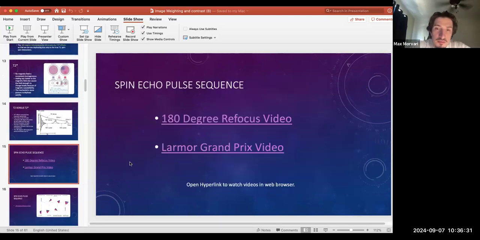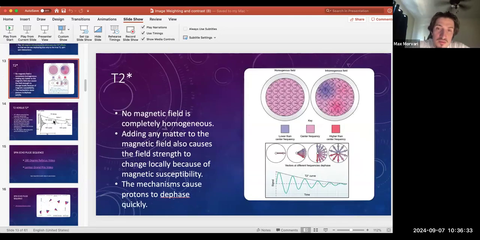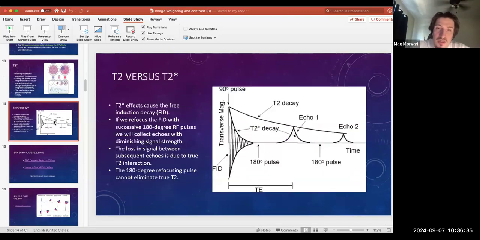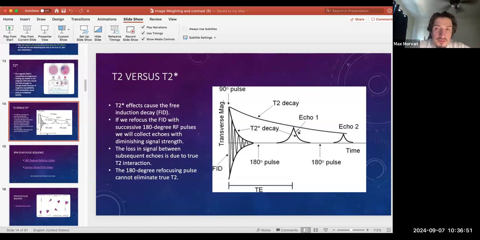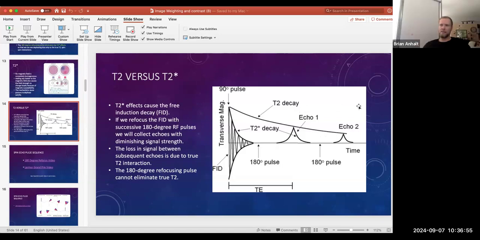On the last bullet point for that slide, it says the 180-degree refocusing pulse cannot eliminate true T2. When you say eliminate true T2, you just mean the whole T2 decay process. Yeah. Notice we're getting a lower amplitude echo every time. It is not refocusing the FID all the way back to 100%, right?